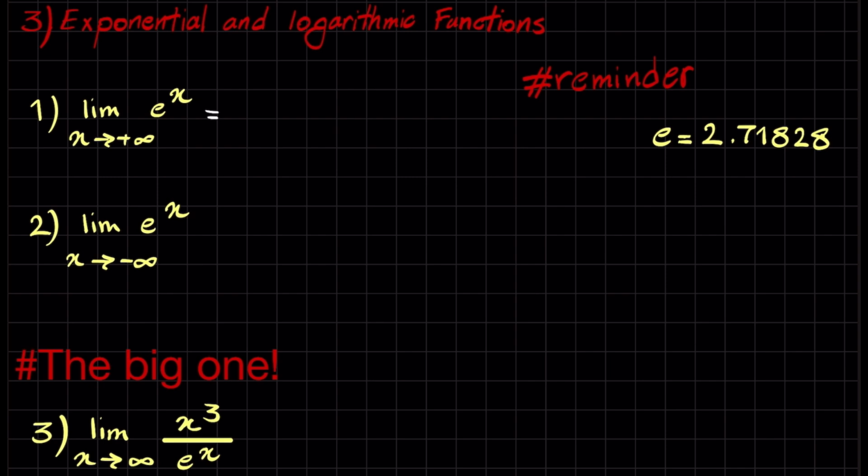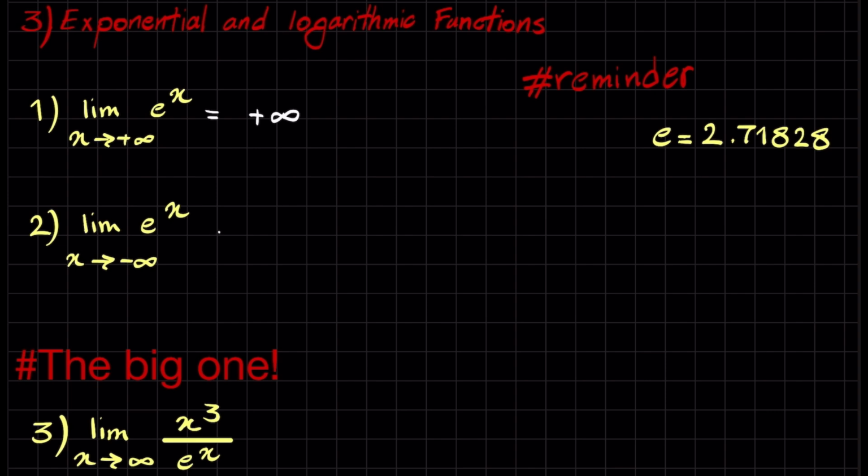If I directly substitute positive infinite into the power, we know that e is between 2 and 3, so it's a positive constant number to the power of infinite. So it's going to be a large number, and it's going to be infinite.